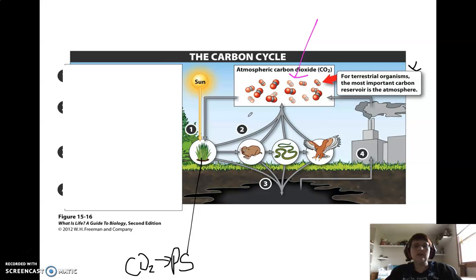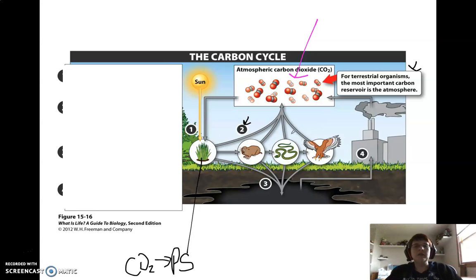Now you'll see that there is a number 2 right here. Number 2 is the chemical actually being returned to the reservoir. So here it's moving through the food chain, but at the same time it's going to be returned to the reservoir. And you guys actually are familiar with how it's going to get returned.